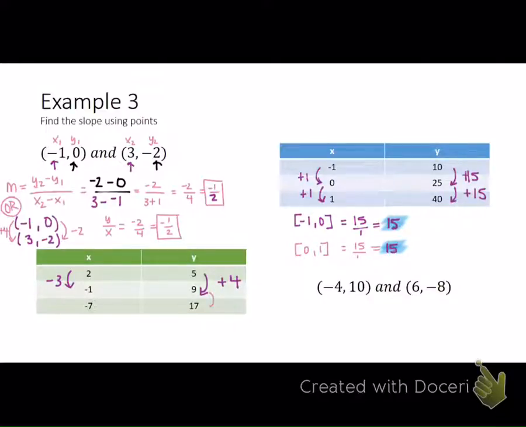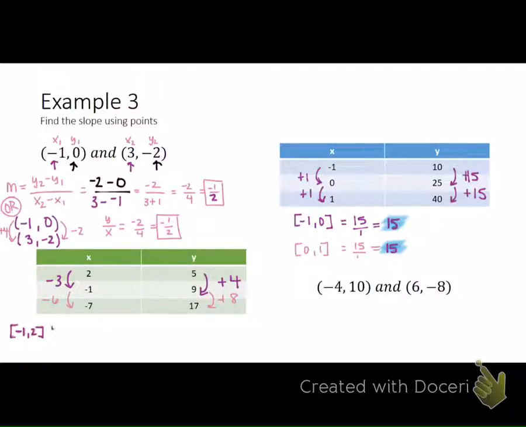Okay, Tanari, from 9 to 17 is? And Miguel, how about from -1 to 7? Subtract 6. Good. So looking at this, you guys might tell me that it is not linear. But if you go to check it, and you check from -1 to 2, I should do that in purple.